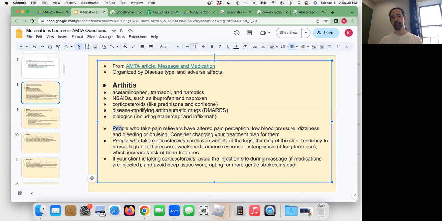So people who take pain relievers, we've been saying this over the other slides, they don't perceive pain the same way. They have altered pain perception, but they also can have low blood pressure. They also can have dizziness, and they can have enhanced bruising, more susceptible to bruising, more susceptible to bleeding.